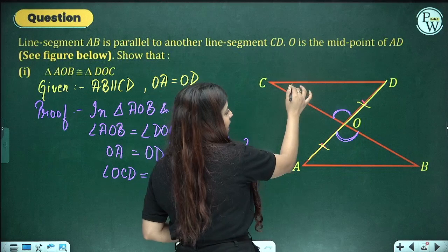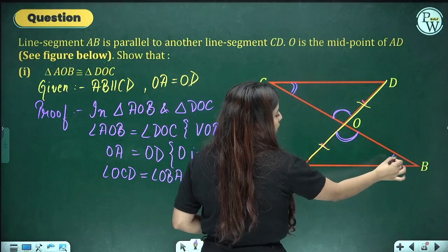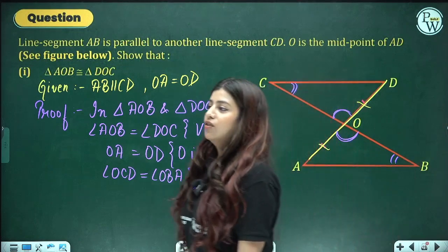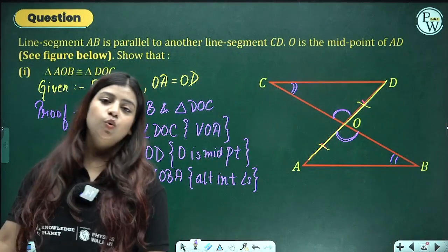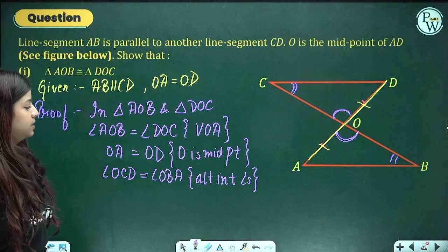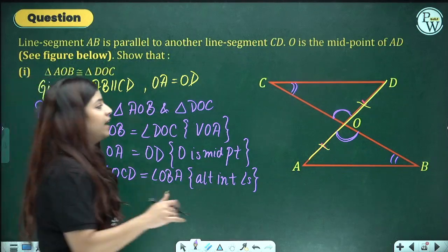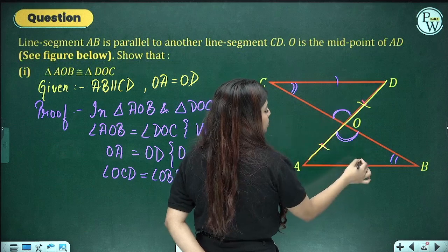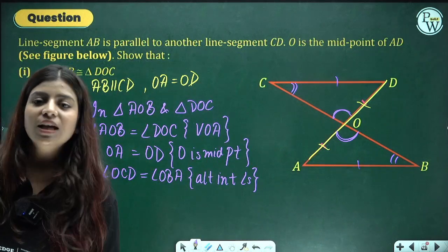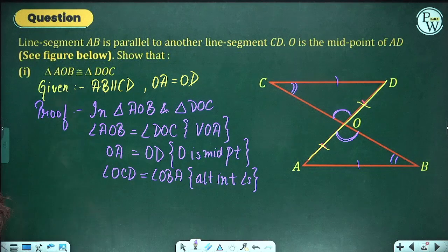Since alternate interior angles are equal, these two angles are equal. Why? Because AB is parallel to CD. This is already given to us in the question, and by using that we have alternate interior angles.